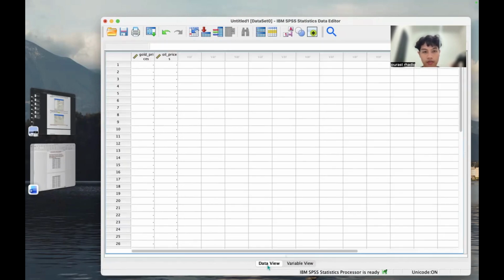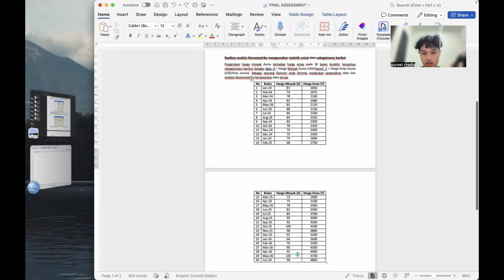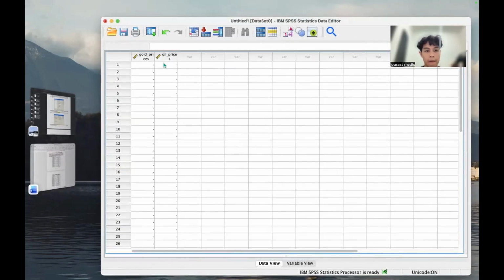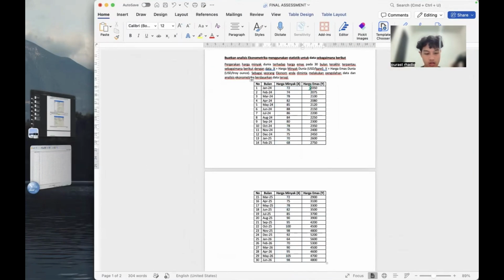Done. And we move the data from here to SPSS. We do the oil prices first, and then the gold prices. Nice.